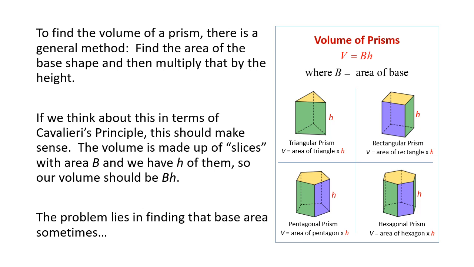Let me make a note of this. My base area here is going to be, say, in centimeters squared, and my height is going to be in centimeters. So my volume is going to be in something centimeters squared and something else centimeters. And so I'm going to get something in centimeters to the third.